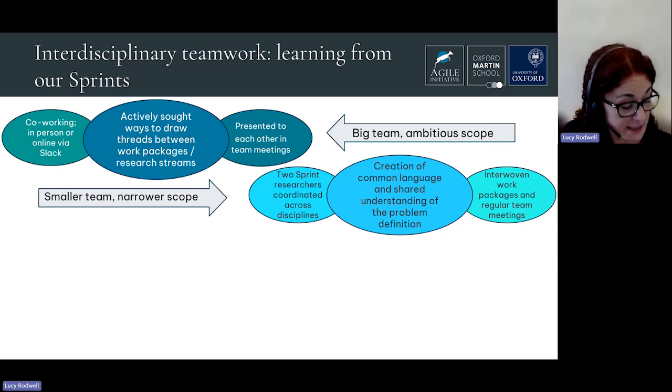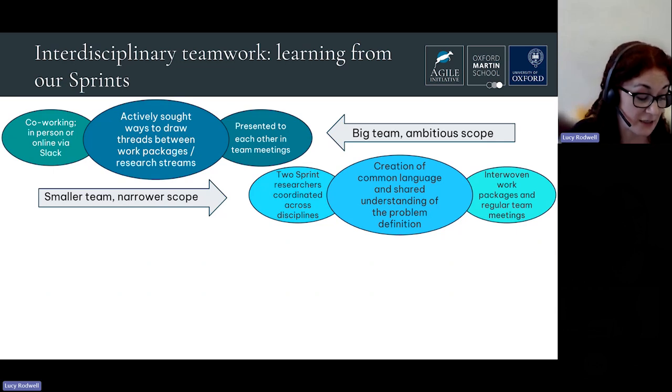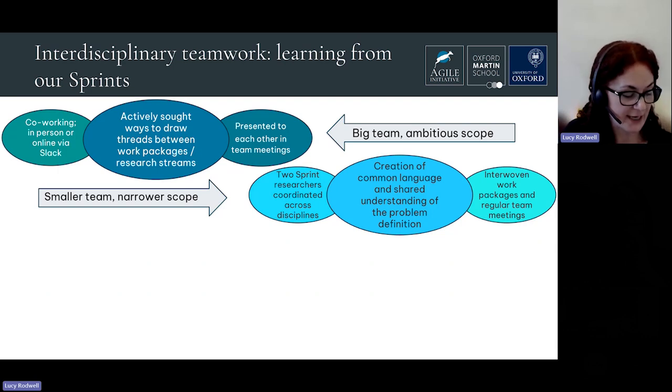And this was important to this team because the PDRAs had staggered start times, and the liaison enabled new members of the team to be brought up to speed quite quickly. On top of this, the way the work packages were designed was that they were interwoven, and the regular team meetings reinforced the connection between them and the overarching sprint objective. So that was always kept in the forefront of those meetings.